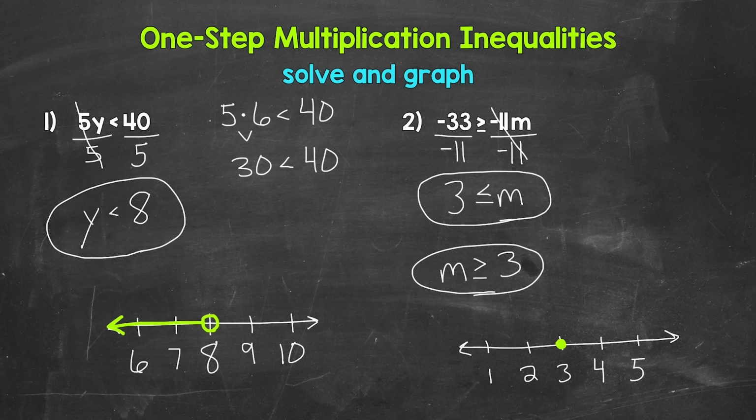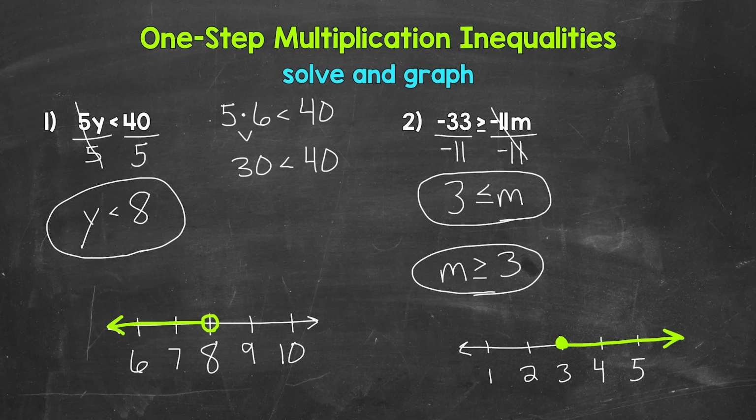So we need a filled circle at 3. Now we need to represent the greater than part. So we can draw an arrow going right, the direction of everything greater than 3. And that's our graph. The filled circle shows that we are including 3, and then the arrow to the right represents all of the values greater than 3.